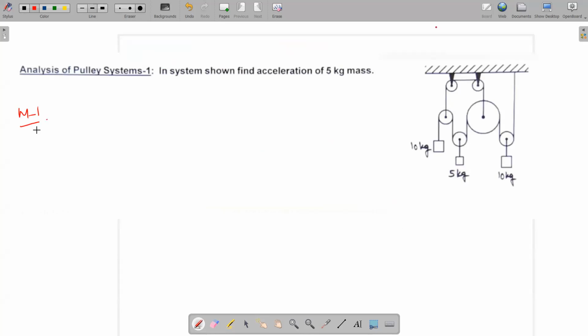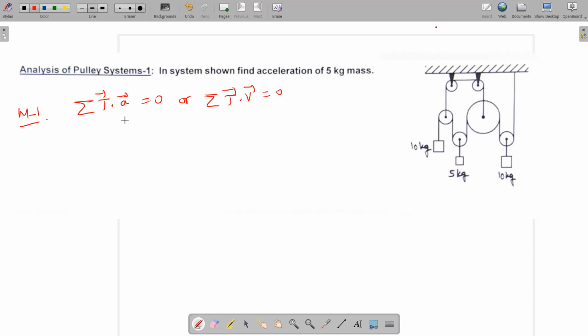See, first thing that you have to do is, I'm telling you this short trick first. See, summation T dot acceleration, this is a vector quantity, is 0, or summation T dot velocity is 0.